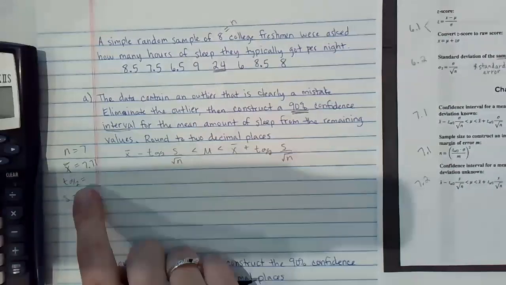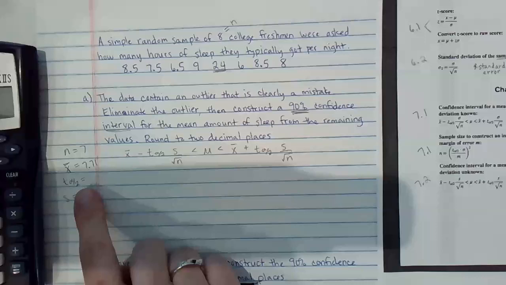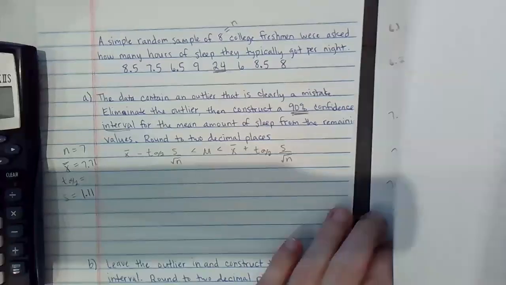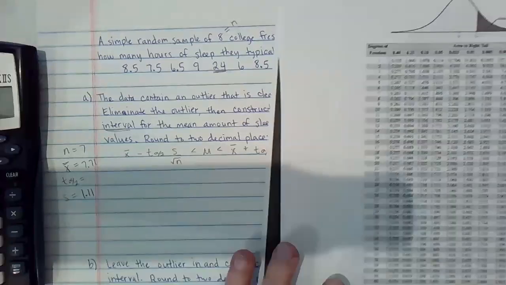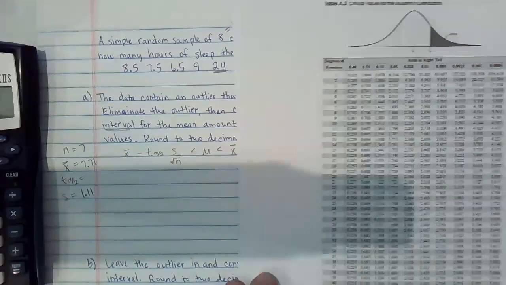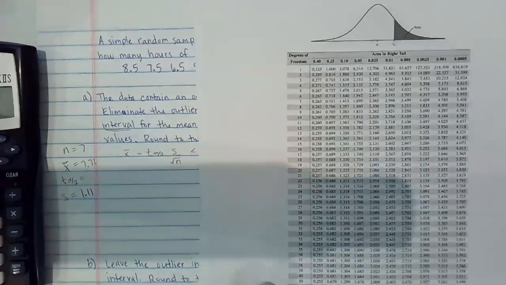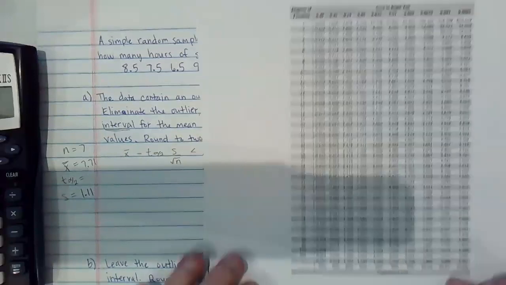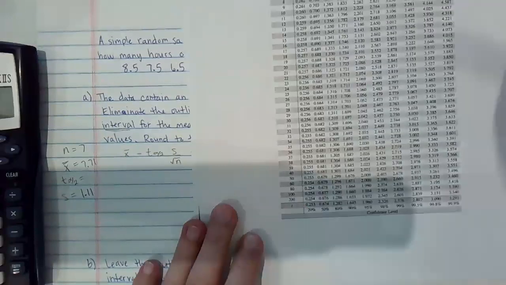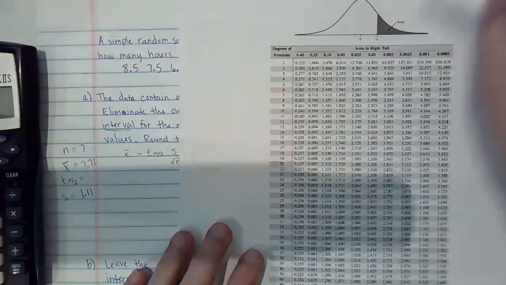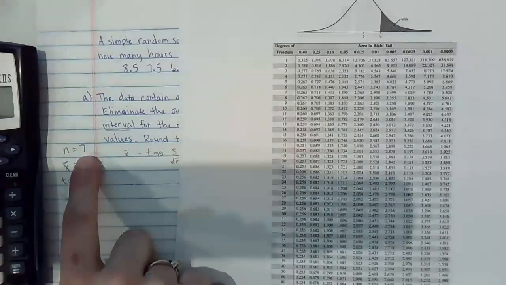Because now I need to go to my table. For our tables, we're going to use the Student's t distribution table. And of course, since we didn't know sigma, that means we're not going to do the bottom z. We need to do degrees of freedom. Degrees of freedom is n minus 1.